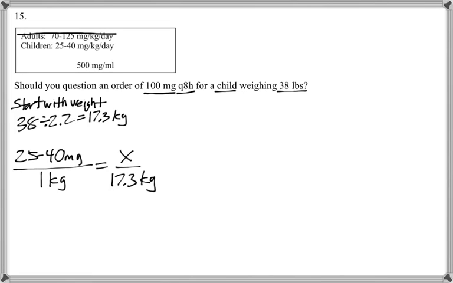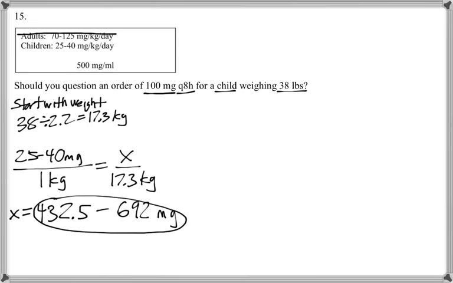17.3 times 25 divided by 1, 432.5, and then 17.3 times 40, we get 692, and this is in milligrams.